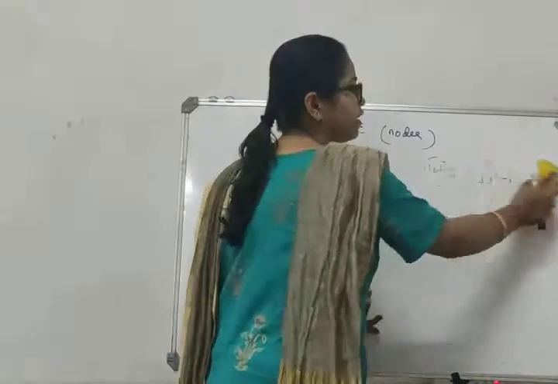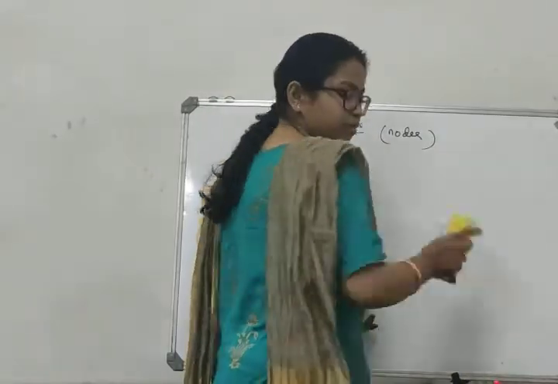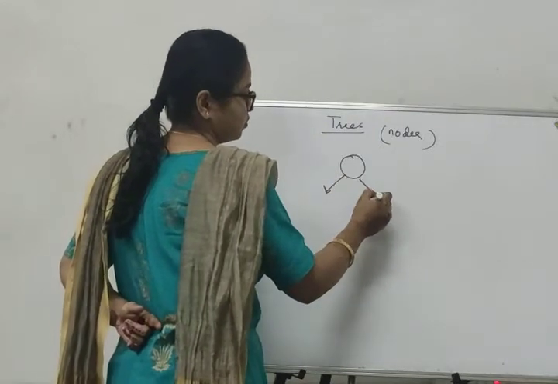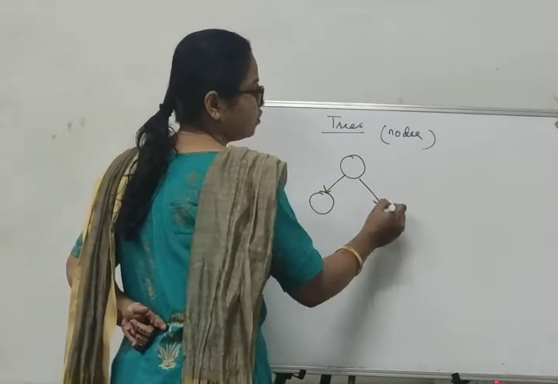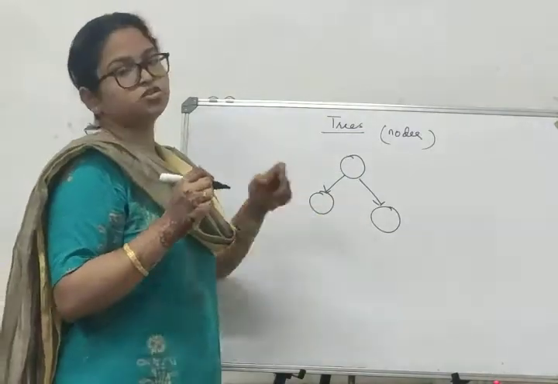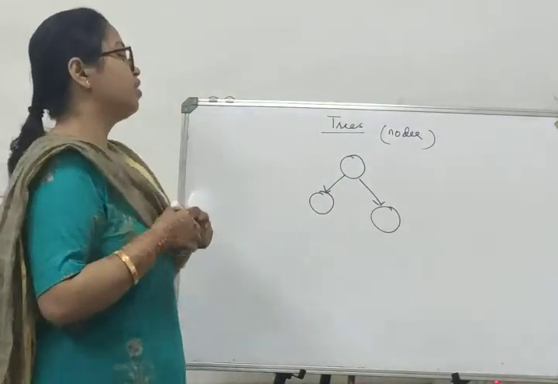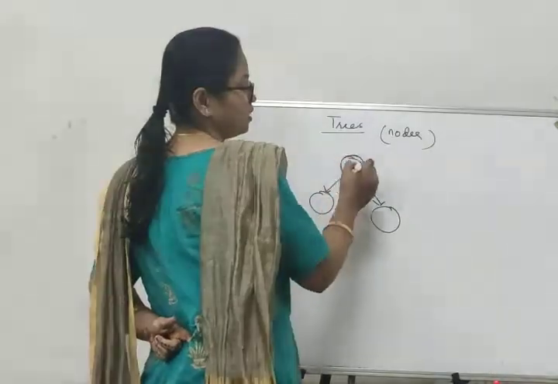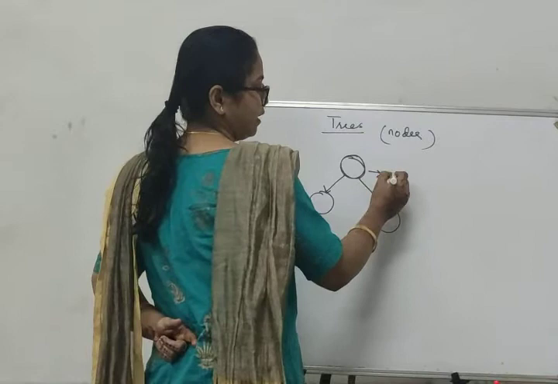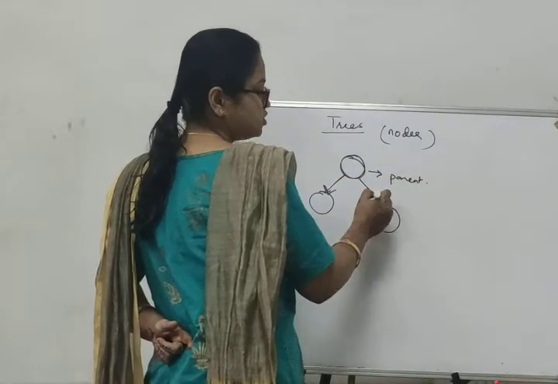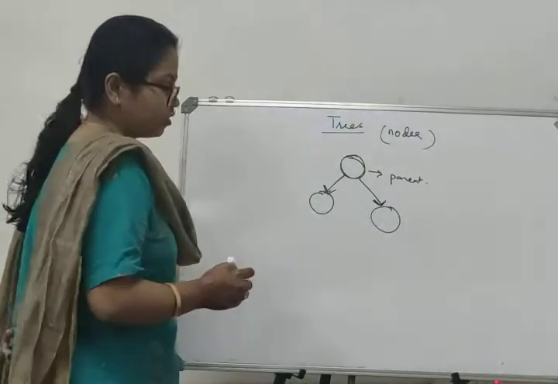Now if we modify the structure, and suppose nodes are arranged this way, then we call this a tree. This is the basic structure of a tree, where this node is called a parent, and the nodes which it is connected to are its children.